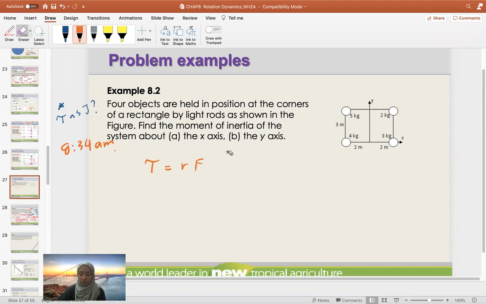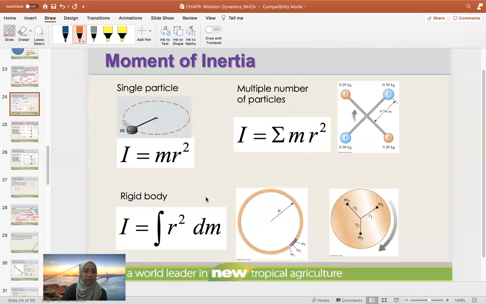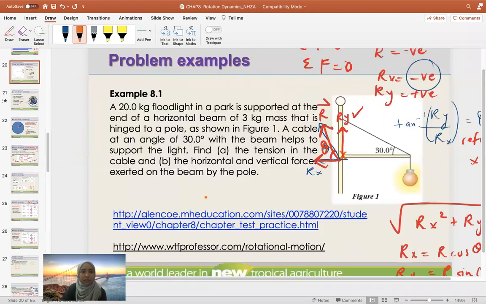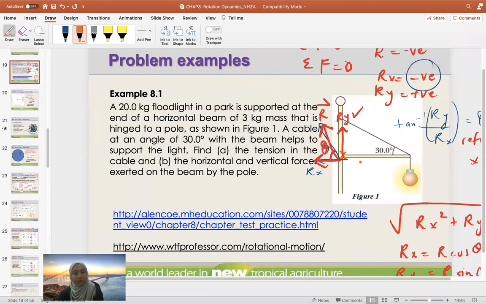So if the question doesn't tell us the axis of rotation, how will we find the R? We need to find the axis of rotation on our own here, right?